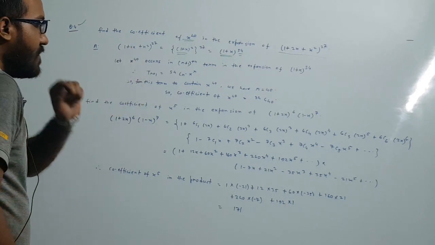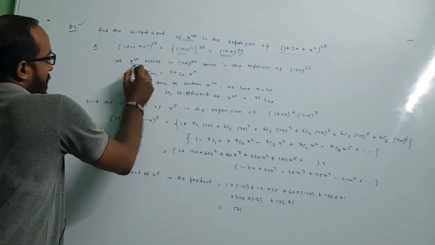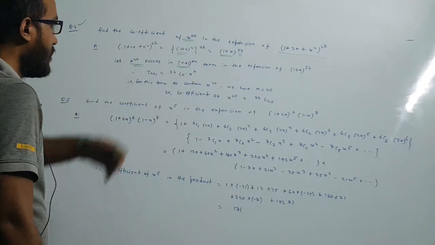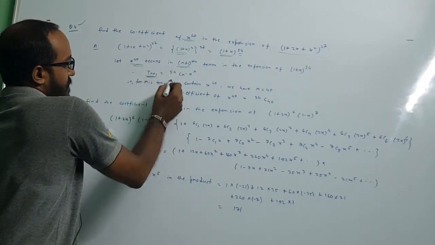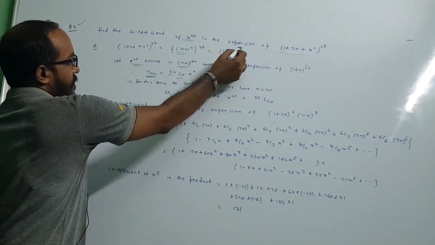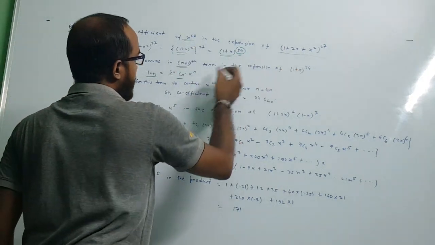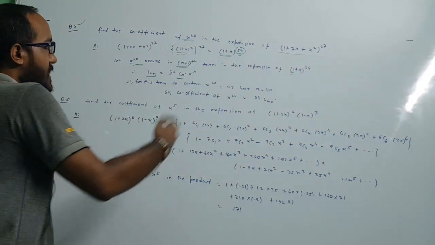In this type of problem, you can assume that x to the power 40 occurs in the r plus 1th term, that is, we want to find the general term. So the T r plus 1th term would be nCr, that is 54Cr, a to the power n minus r, where a is 1, so 1 to the power something is 1, and x to the power r.